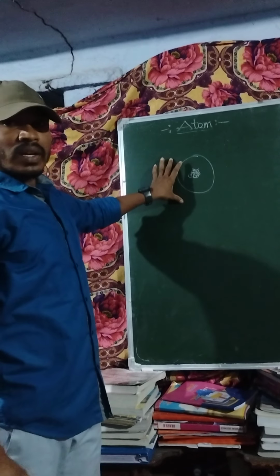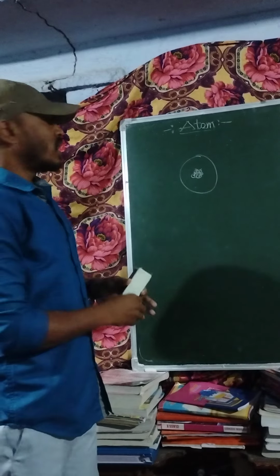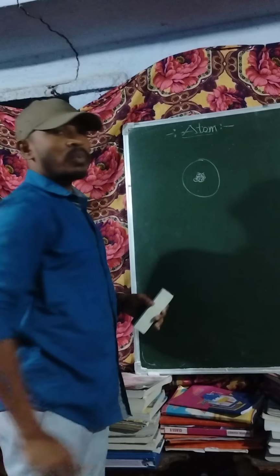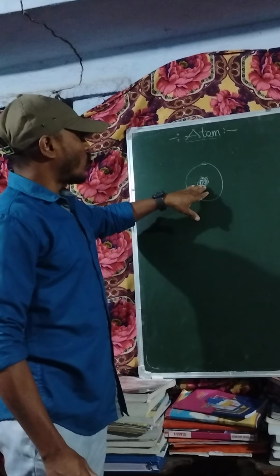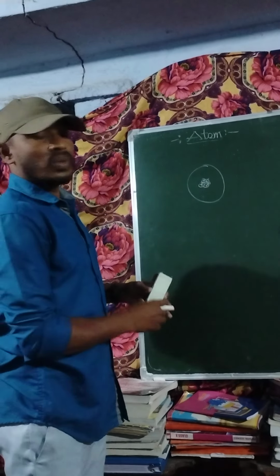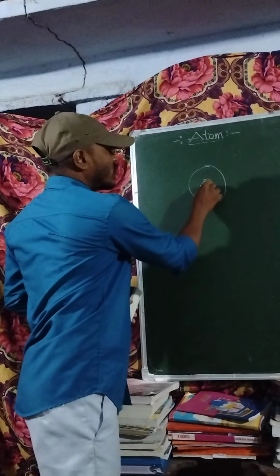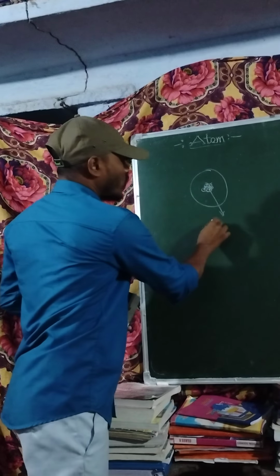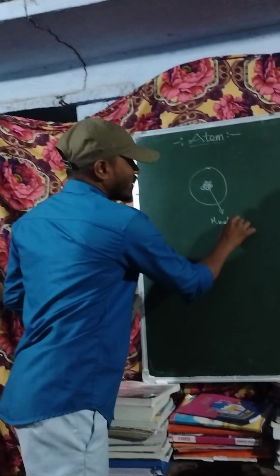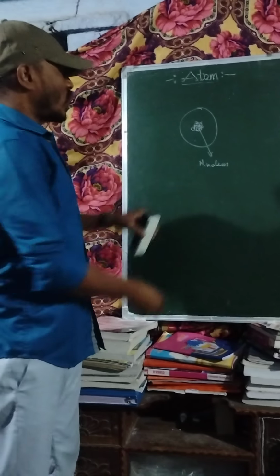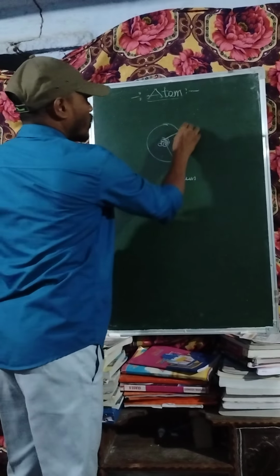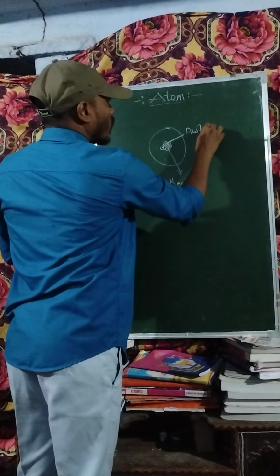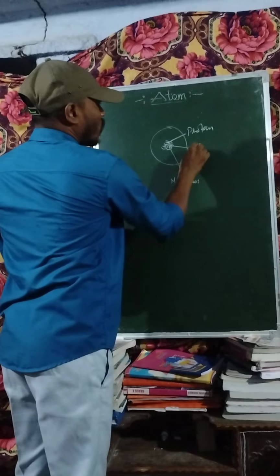If you examine this atom, here in the center the whole mass is supposed to occupy this center, so we call it the nucleus. In this nucleus there are two subatomic particles. One is proton, another one is neutron.